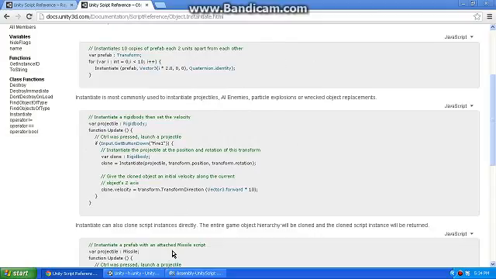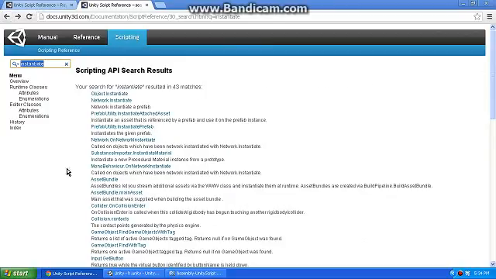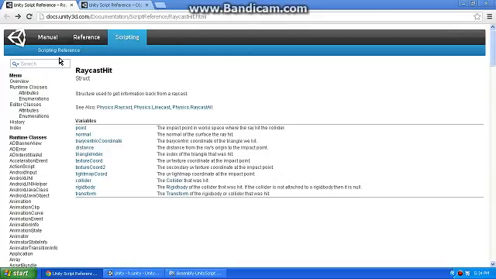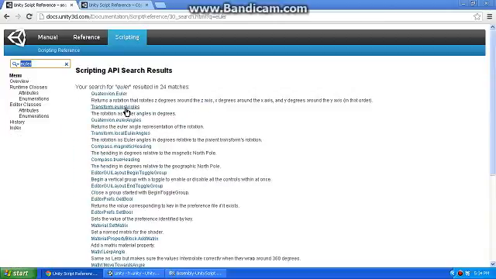So, instead of dealing with all these quaternions, what I'm going to do is work with Euler angles afterwards. Transform.eulerAngles. There we go. Oh, that's interesting.